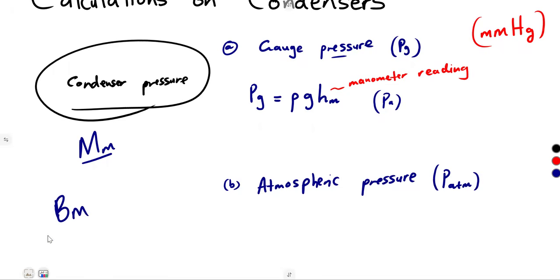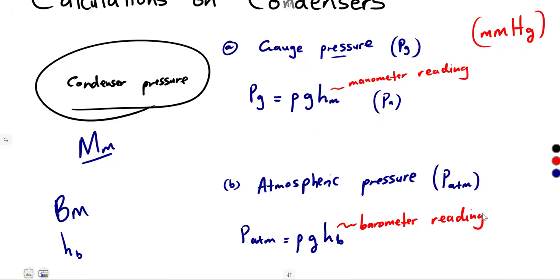At this time, HB, barometer reading. Okay, so that is the only thing, guys, that you're just going to need here. It is the same concept, the density, gravitational acceleration, but this time we're going to use our HB, which represents the barometer reading.